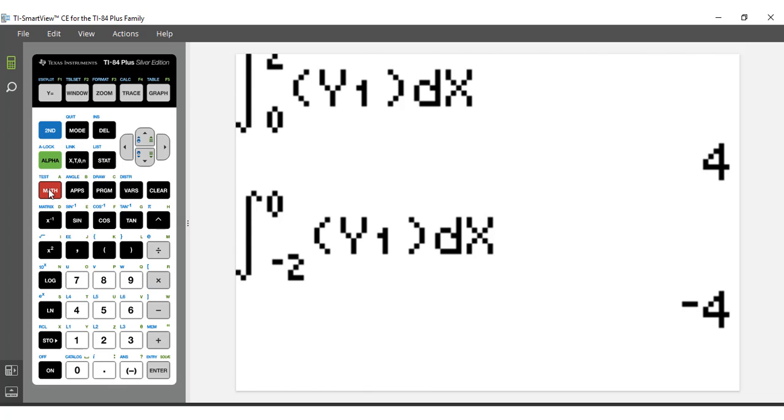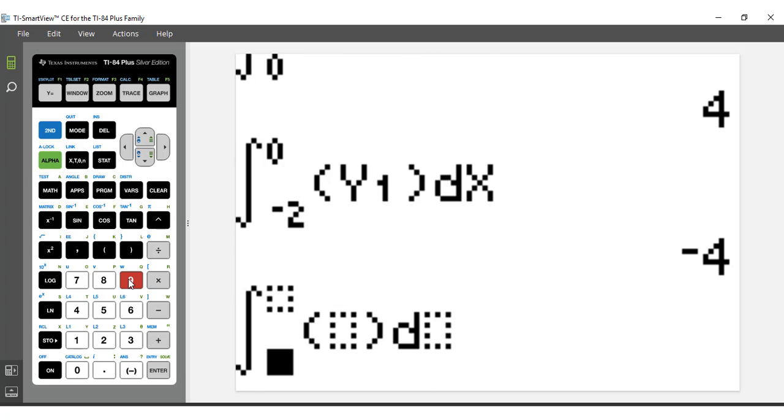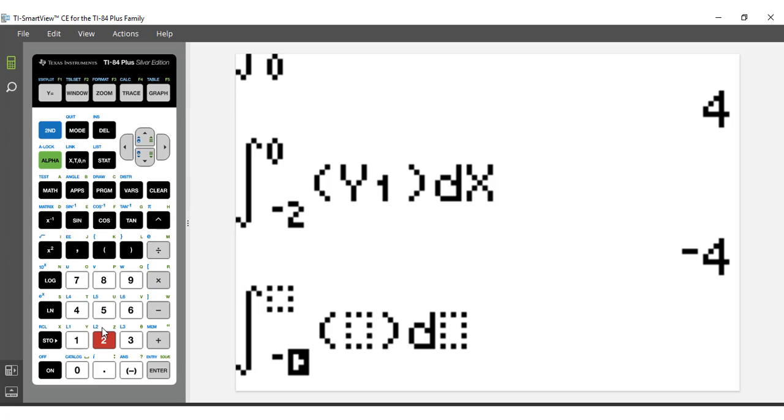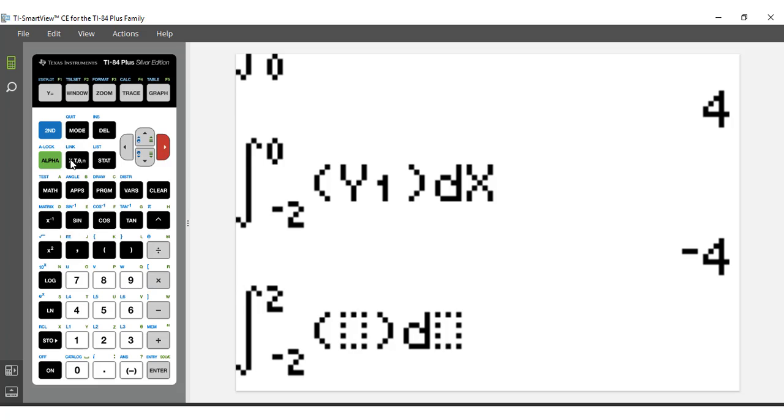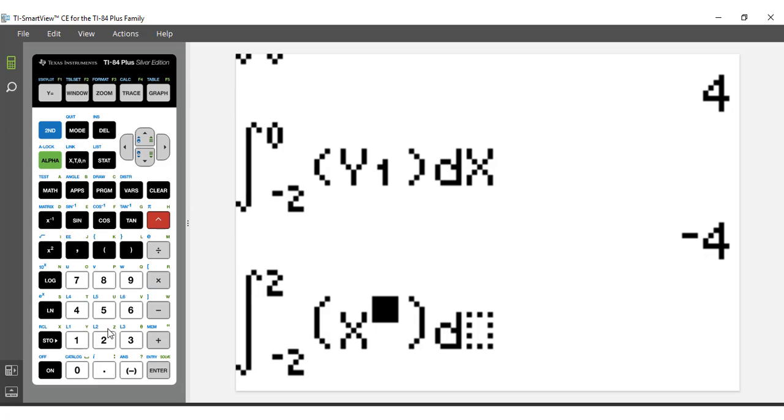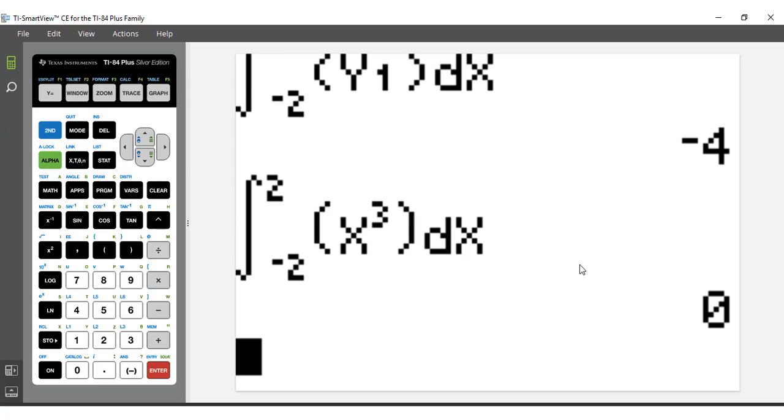Therefore, when we do Math 9 from -2 to 2 of x to the third power, here's a dx, then enter, you will get 0.